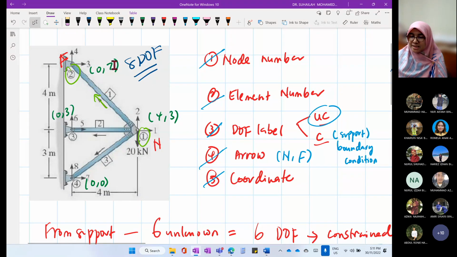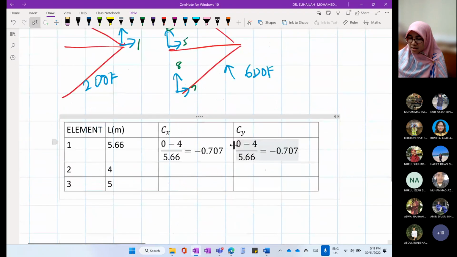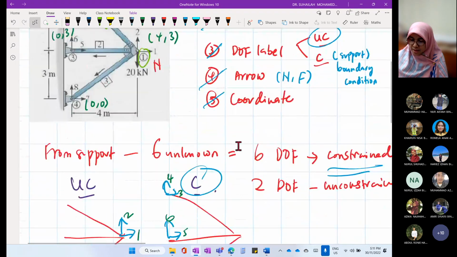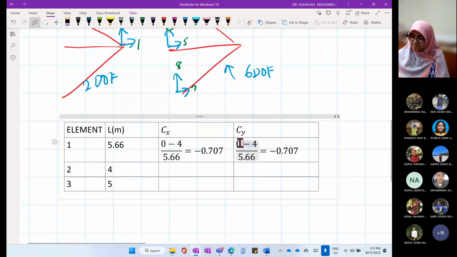So it is 7 minus 3, divided by 5.66. It is positive. So these two are Cx and Cy for element number 1.